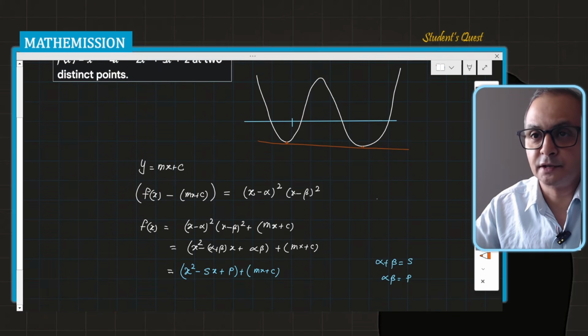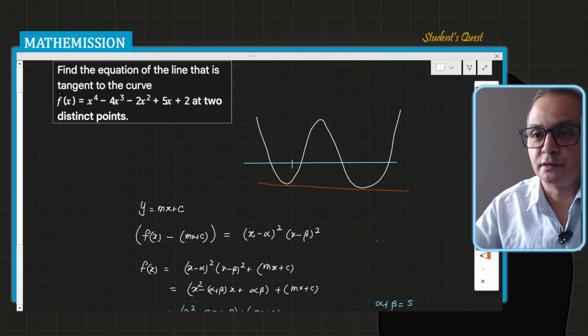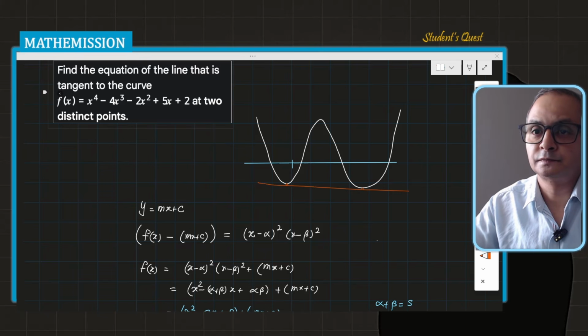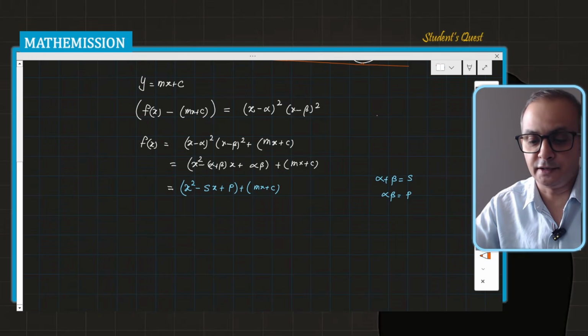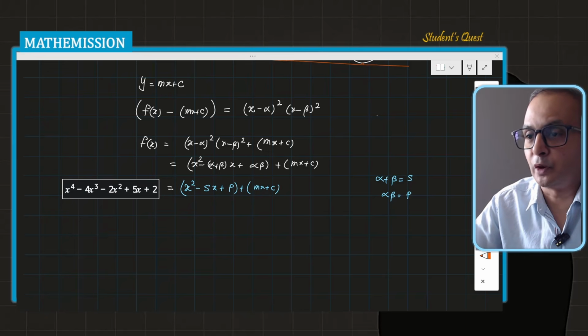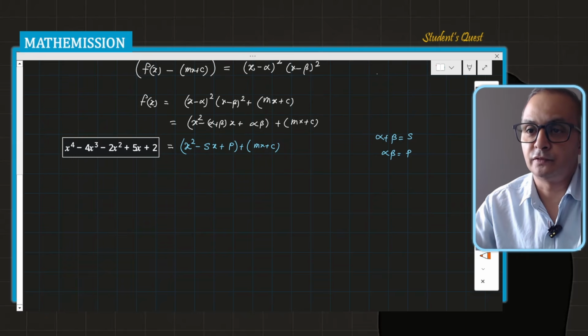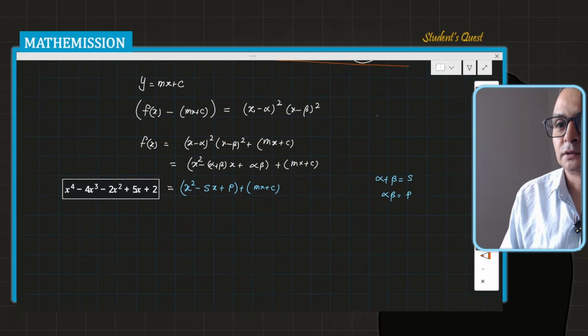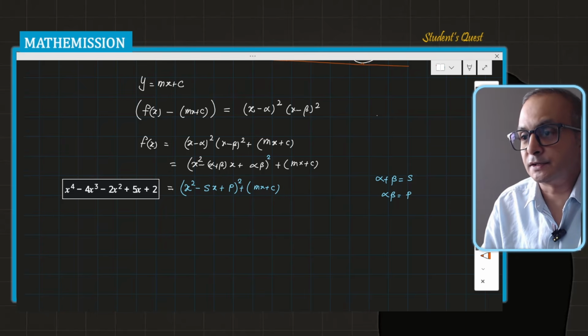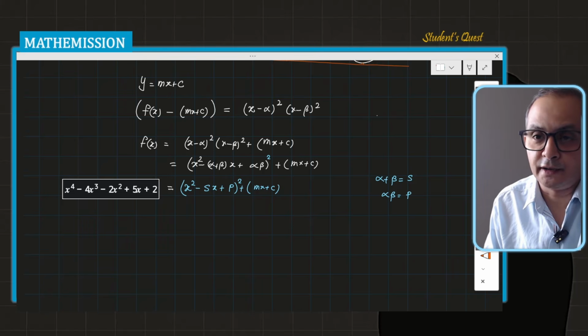Let me copy this there. So this is the left hand side I have, and from there I want to compare the coefficients of each term.